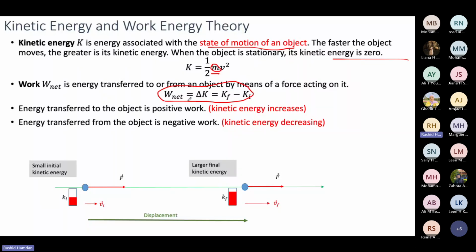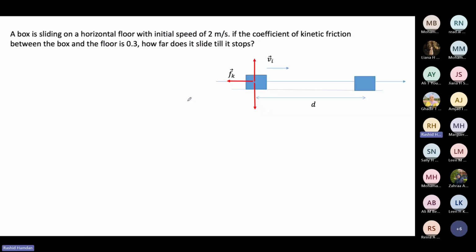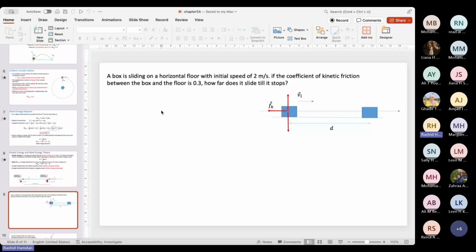Let's apply our knowledge to a problem. Of course, we can solve these problems using Newton's law because these are simpler problems, but let's solve them using the work energy theorem.